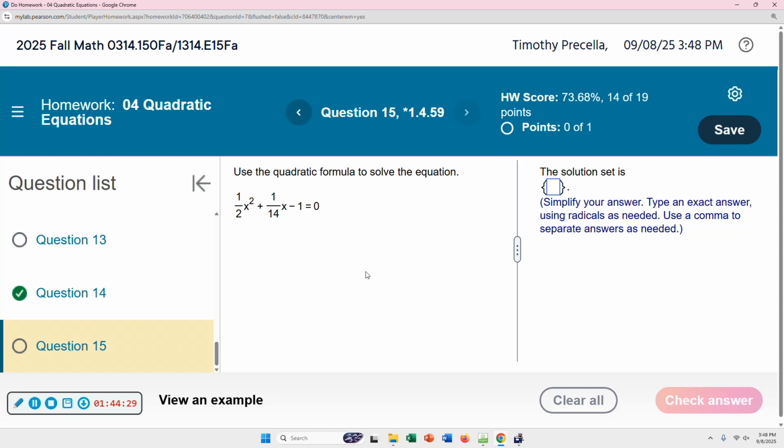Okay? By that I mean I'm going to need some room to stick in a number. 1/2 x squared plus 1 over 14x minus 1 equals 0.